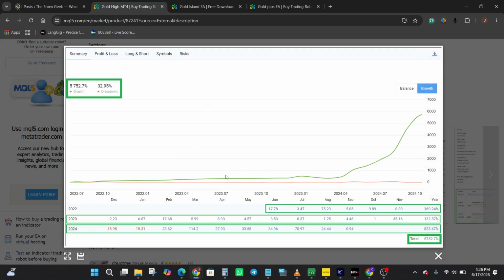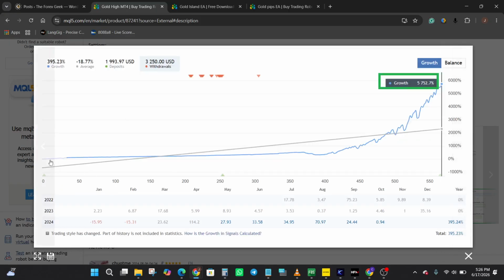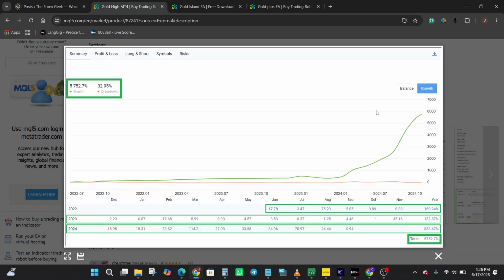Okay, so looking at what we have here from June 2022 to September 2024, the expert advisor generated over 5,700%. All right, and then drawdown was over 32%. I can see 32.95%.